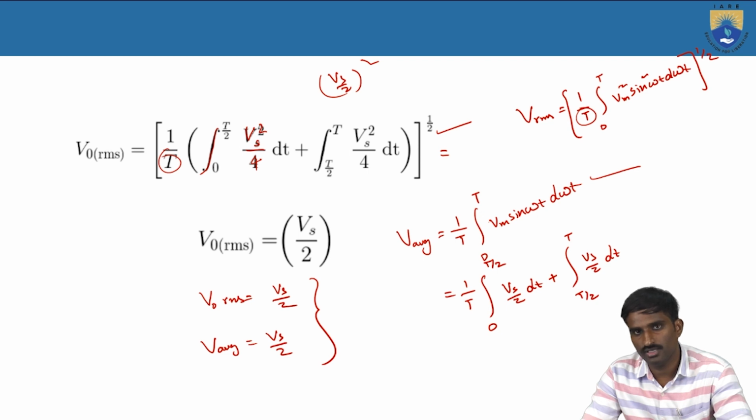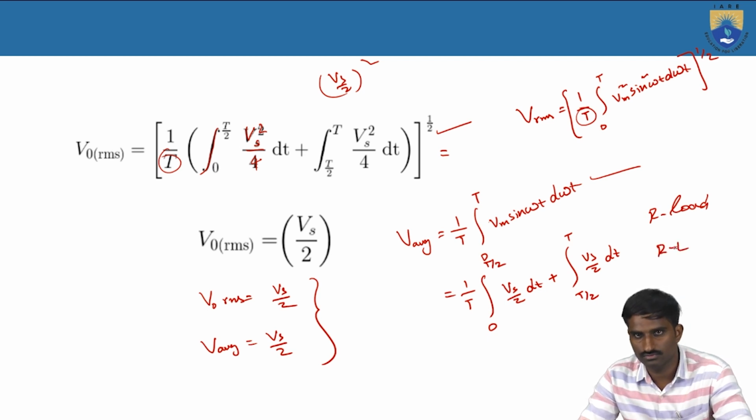But coming to the current waveform, if you consider R load, you will get the same as the voltage waveform. But if you consider RL load, the voltage waveform and the current waveform are totally different, because of the inductor effect, it will charge and discharge.